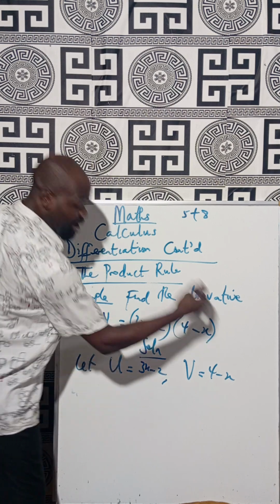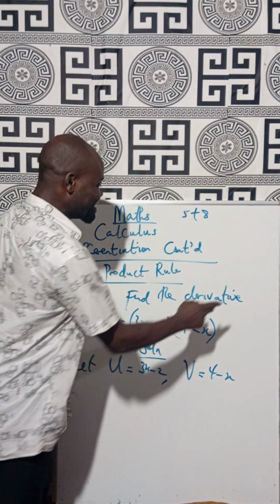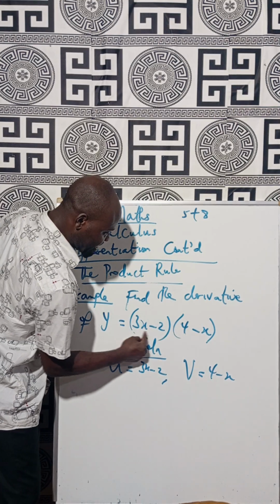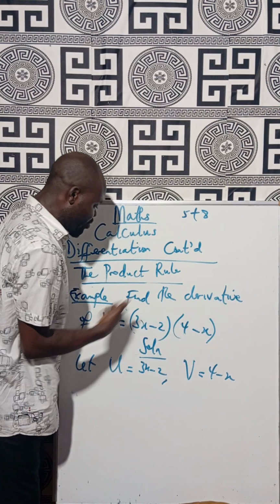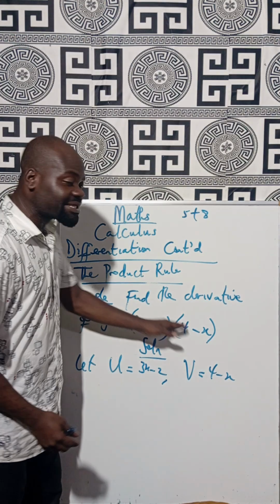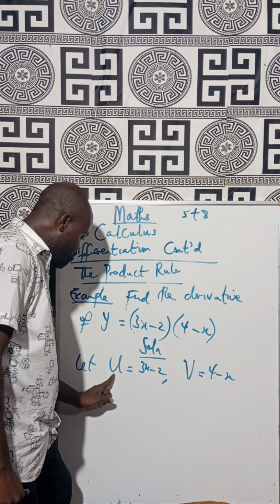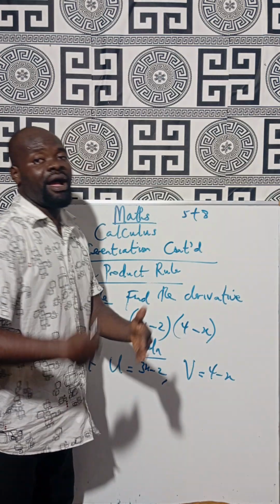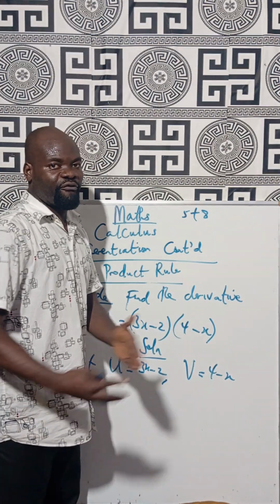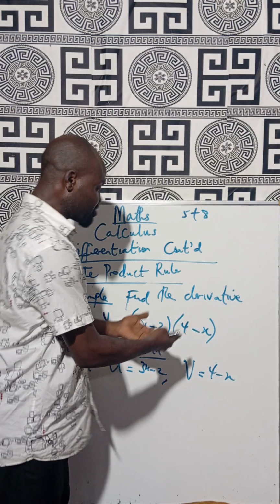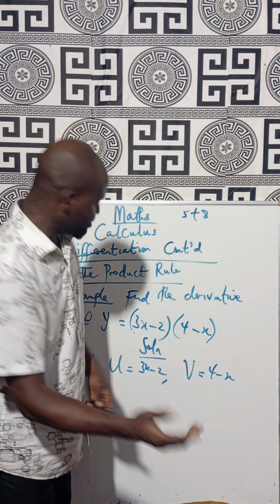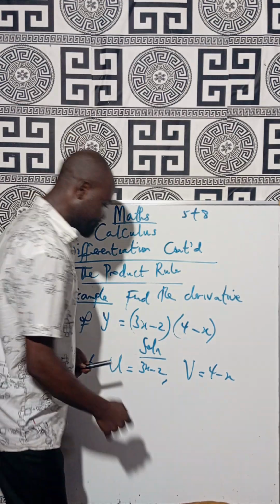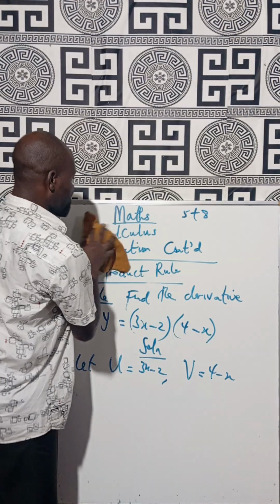This is the actual question, which means we are finding the derivative, which means dy/dx. So to find our dy/dx, we need to use du/dx and also dv/dx to get our dy/dx from the product rule, because the question comes in the form of products. You call this one u, you call this one v. As simple as that. So let's see. Let me clean this.